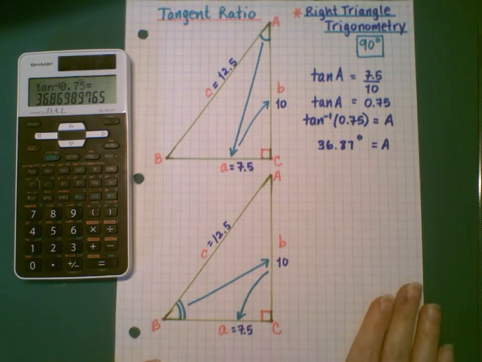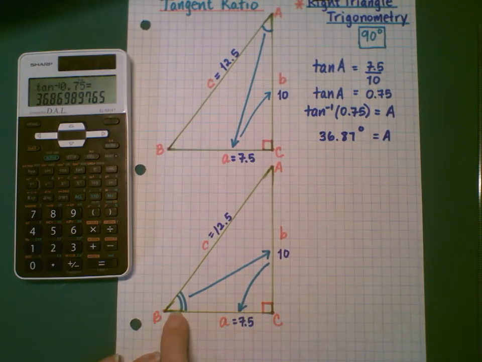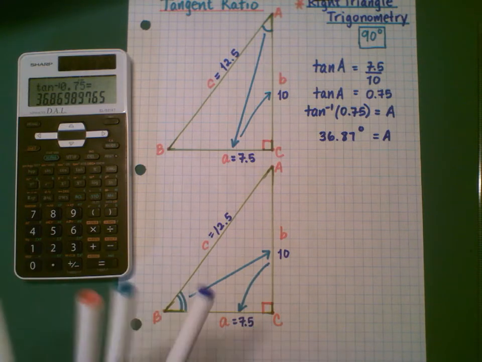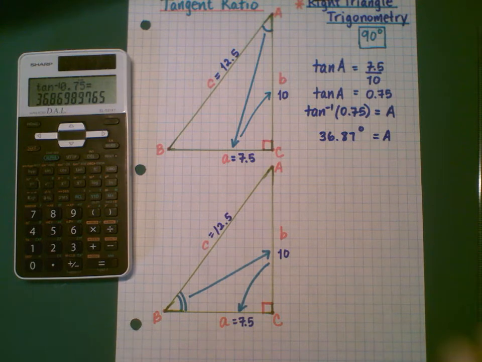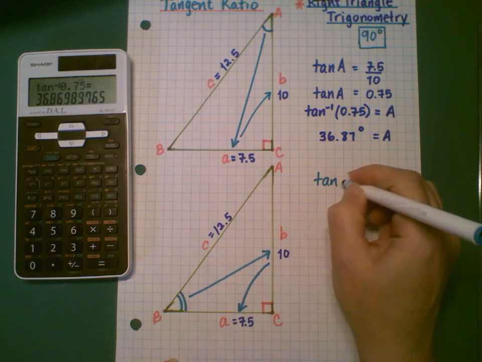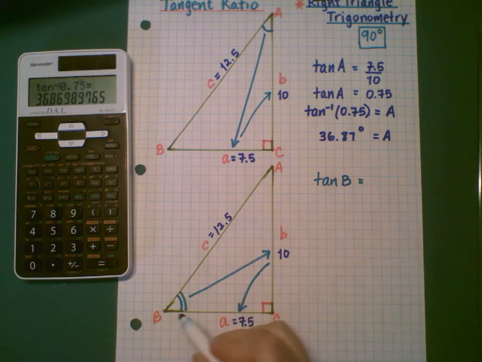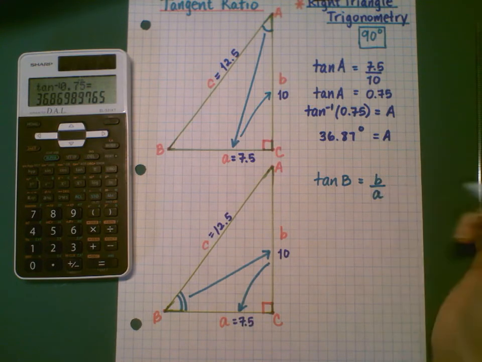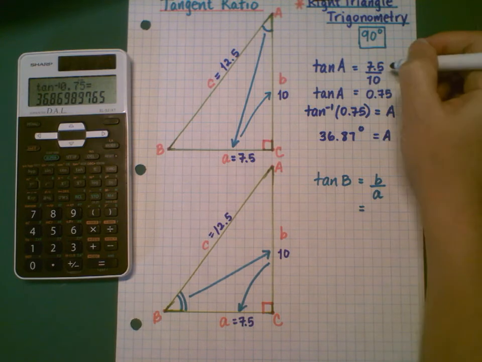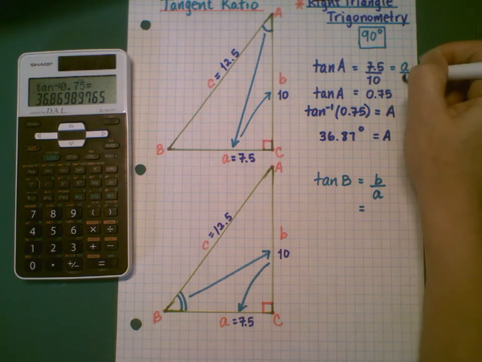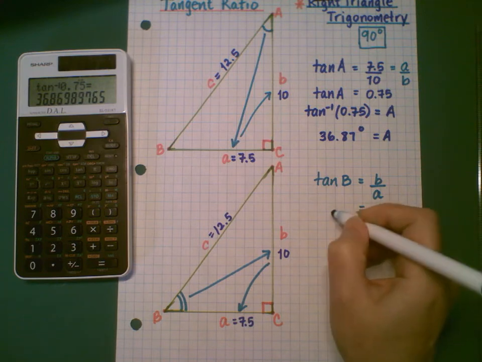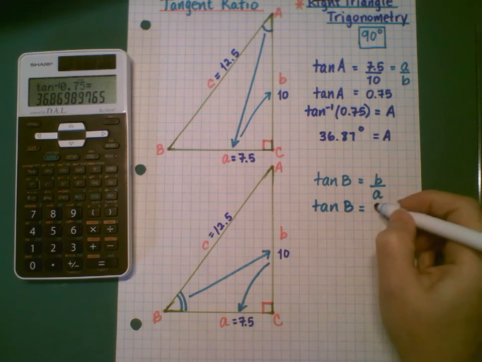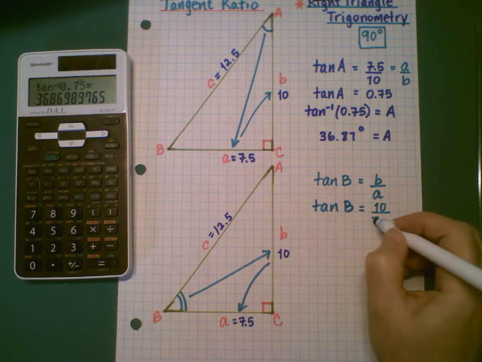Okay, for the second triangle we've got here, looking from the point of view or the reference angle of B, opposite over adjacent sides. So the side opposite is B. This one was A over B, 10 over 7.5.